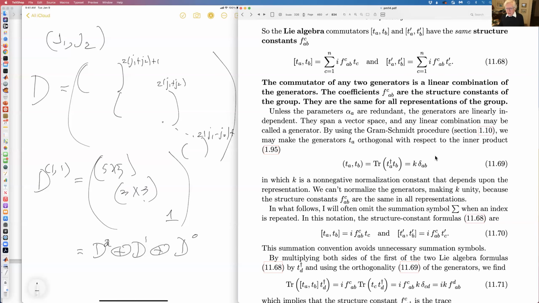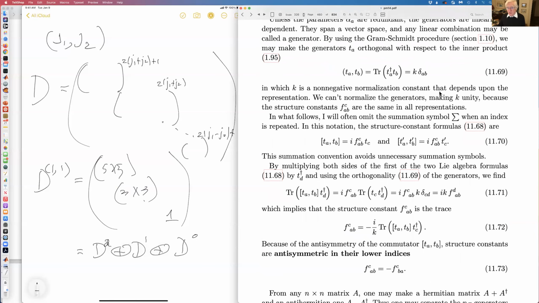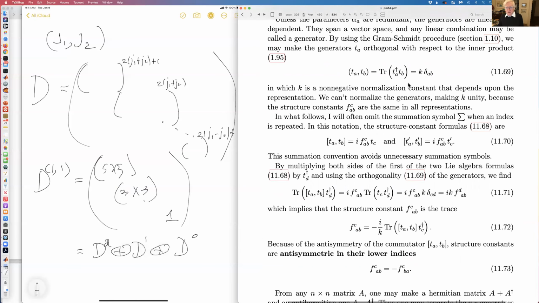So this is the normalization that we normally impose for convenience. Otherwise, you don't know what you're doing. You can't set K equal to 1. You might be tempted to, but in fact you can't, because we want the structure constants to be the same for all representations.